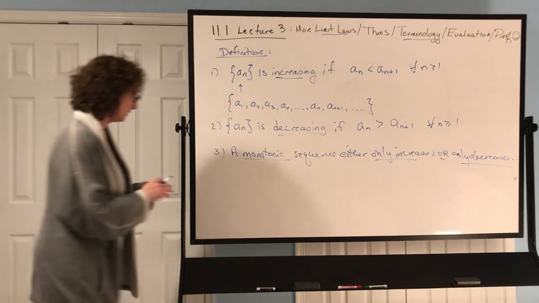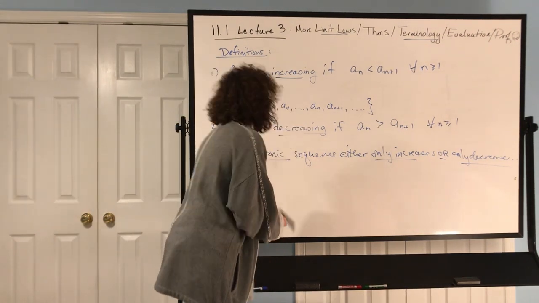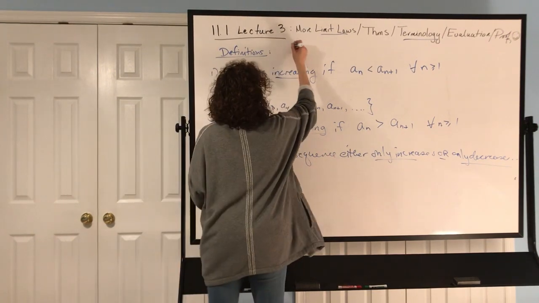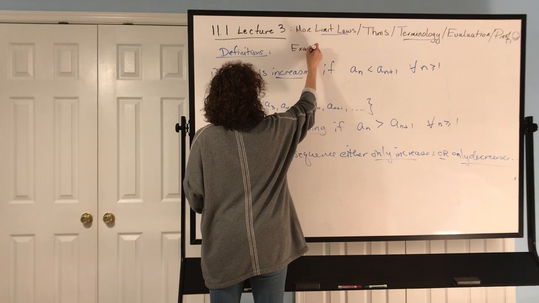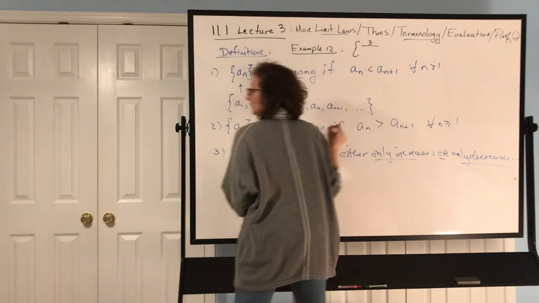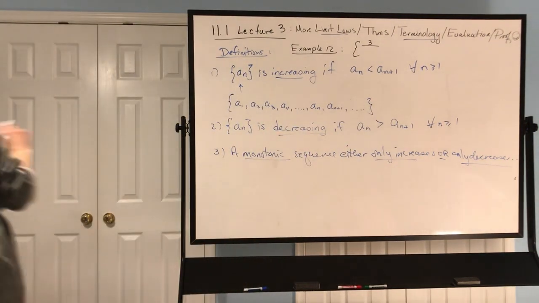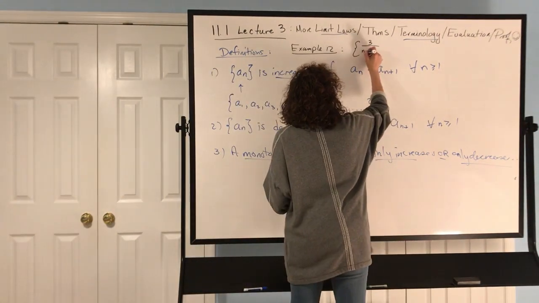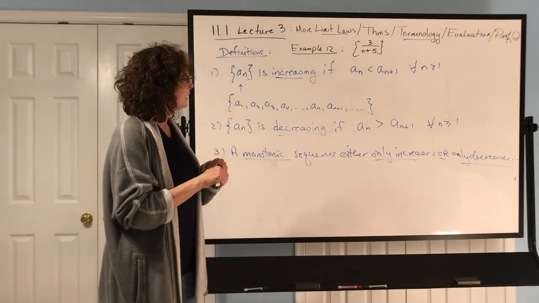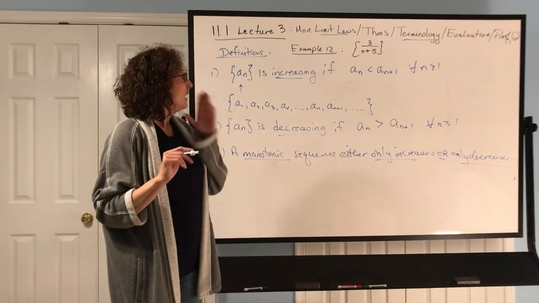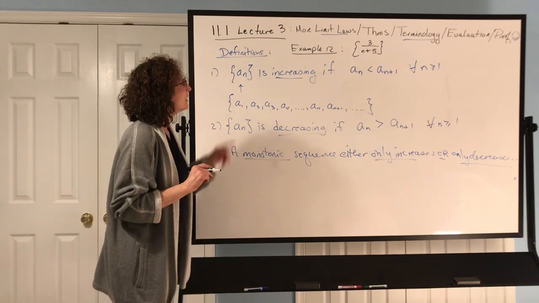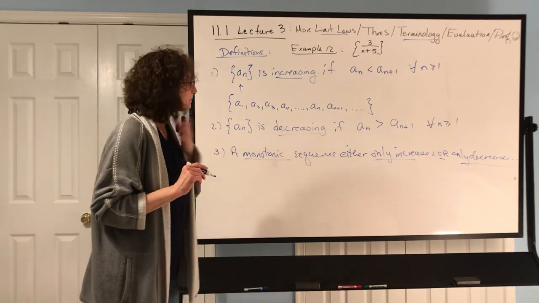Example 12 is the sequence 3 over n plus 5. Read the book's solution of example 12, 3 over n plus 5, using these conditions to decide whether the sequence is increasing or decreasing.